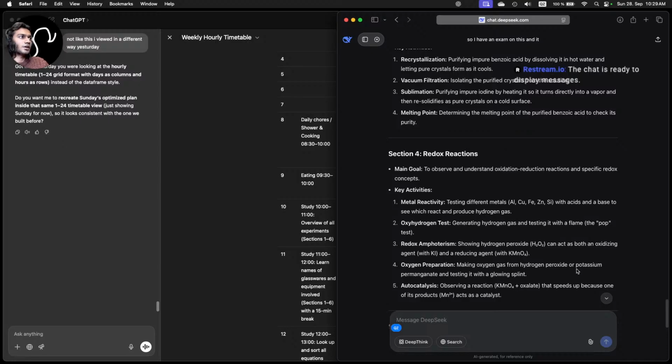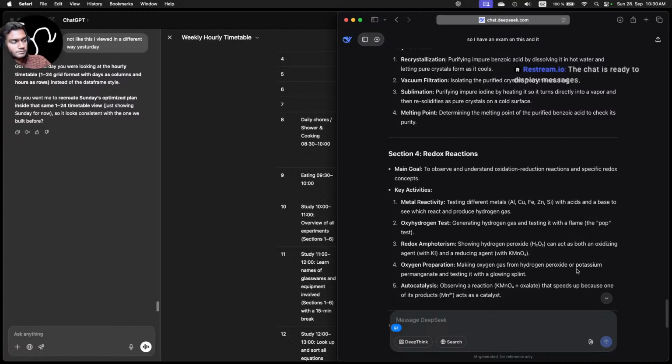Oxyhydrogen test: generating hydrogen gas and testing it with a flame.